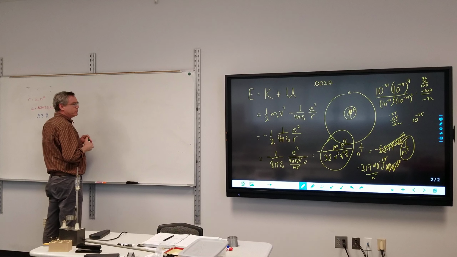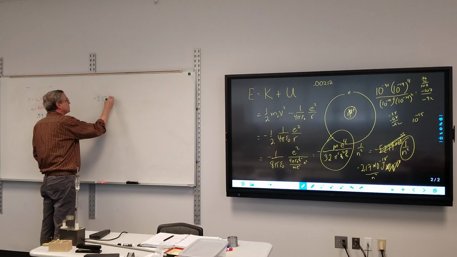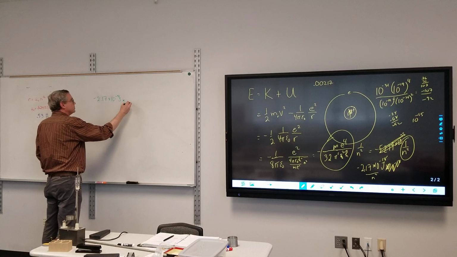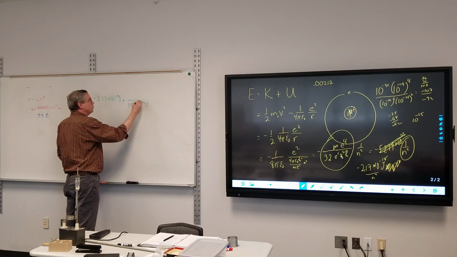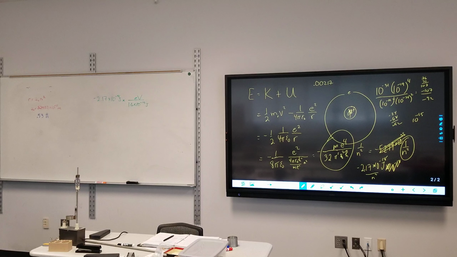To do that conversion, I've got negative 2.17 times 10 to the negative 18th joules divided by 1.6 times 10 to the negative 19th joules per electron volt. An electron volt is the amount of energy an electron would gain if it went through 1 volt of potential difference.